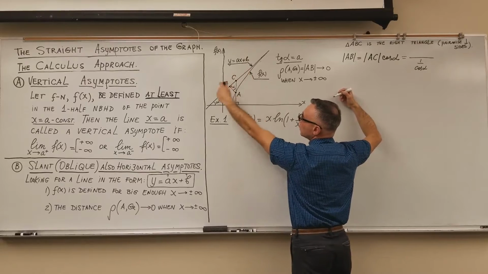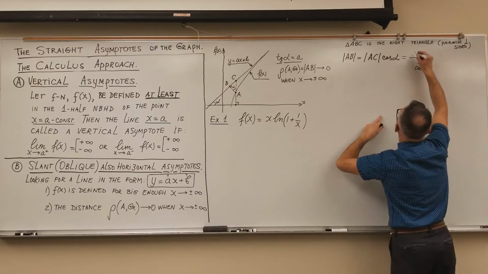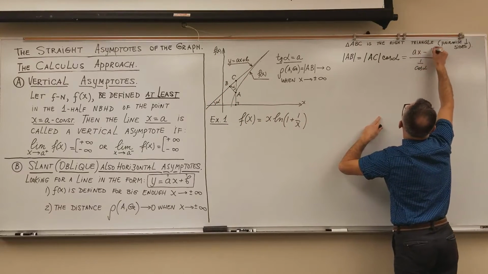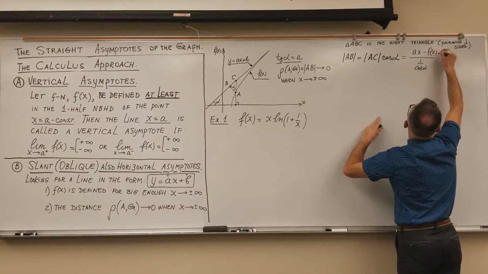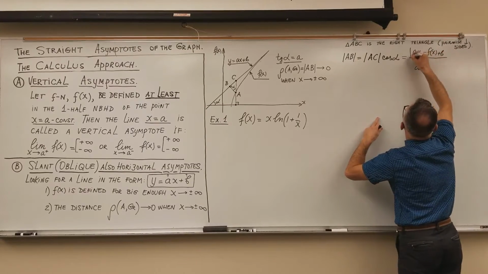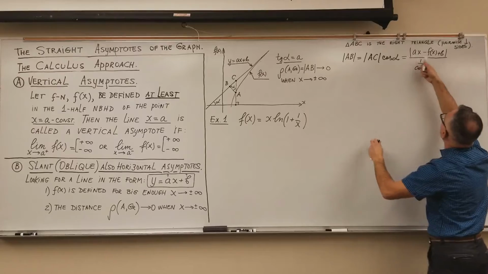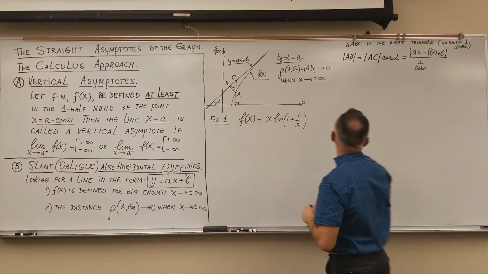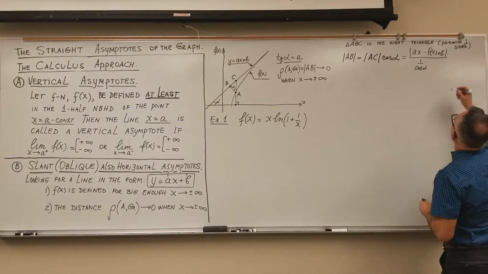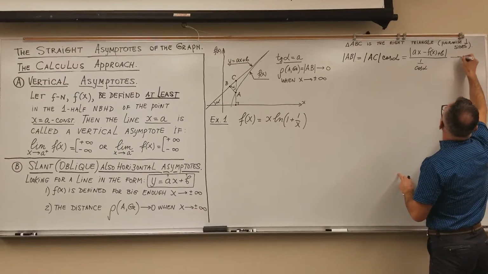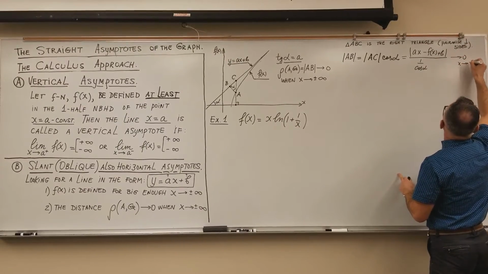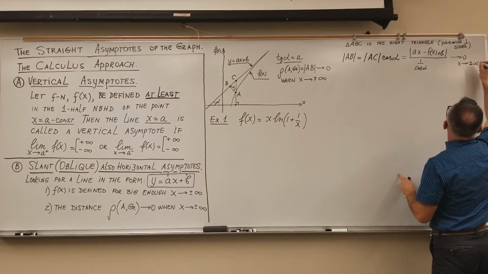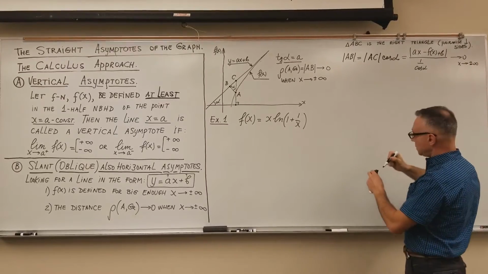That's the point on the asymptote, AX plus B, minus f of x plus b. That's the distance: AX plus b minus f of x gives me AC. And it contracts to 0 when x goes to either plus or minus infinity. That distance contracts to 0.